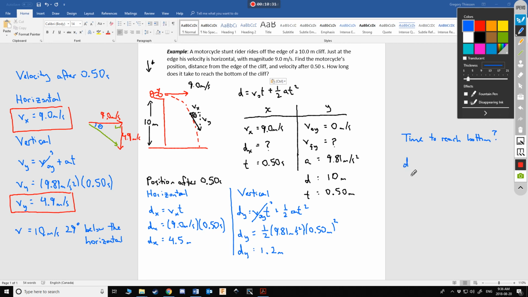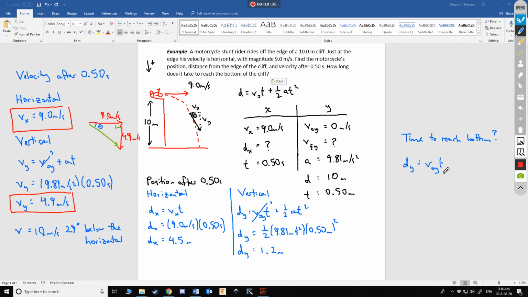We have dy is equal to v0yt plus 1/2 at squared. So we can plug in, well, first of all, we can note again that this term goes to 0 because our initial velocity in the y direction is 0. So how far do we travel? We travel 10.0 meters. Right? 10.0 meters.